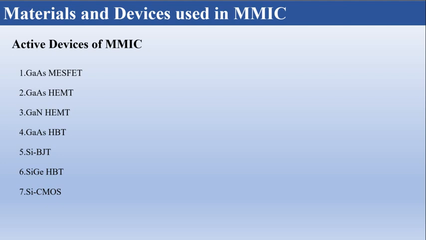And this text mainly introduces several technologies and main active devices used in microwave integrated circuits, including gallium arsenide MOSFET, gallium arsenide HEMT, and so on.